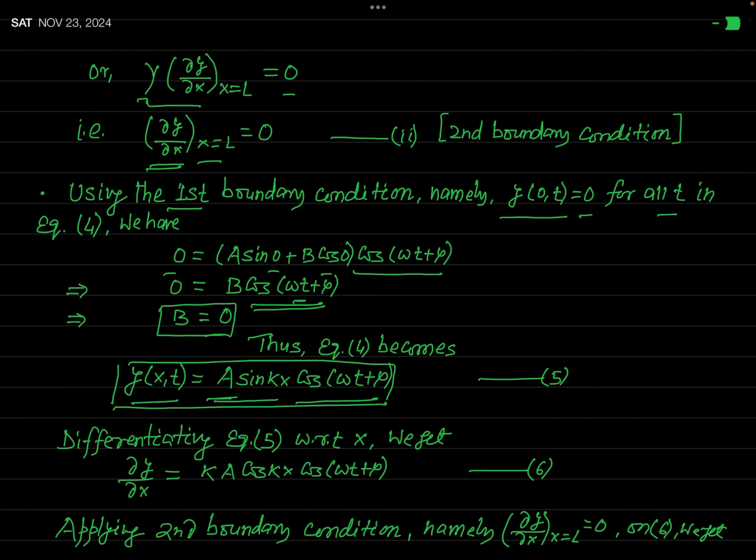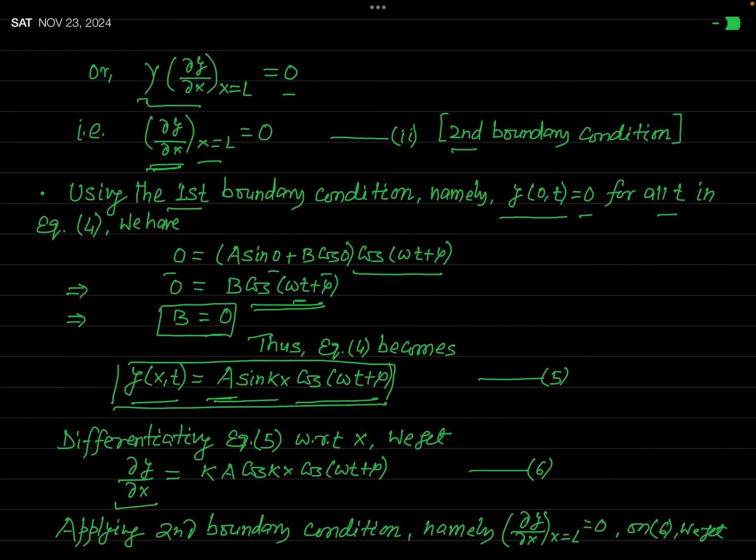Now, for this equation 5, we want to apply the second boundary condition. The second boundary condition is del y by del x when x equal to L is equal to 0. So before applying the second boundary condition, let us find the value of del y by del x.